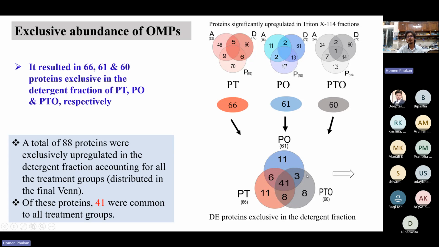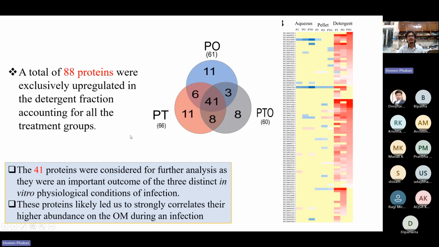And from there, we found that 14 proteins are common to all treatments. These 14 proteins were considered for further analysis, as they are important outcomes of 3 distinct in vitro physiological conditions of infection. And these proteins are likely leaders, strongly correlating with their higher abundance on the outer membrane during an infection.